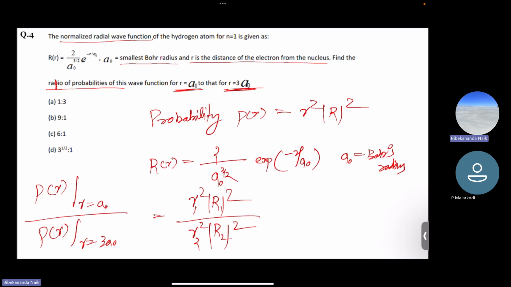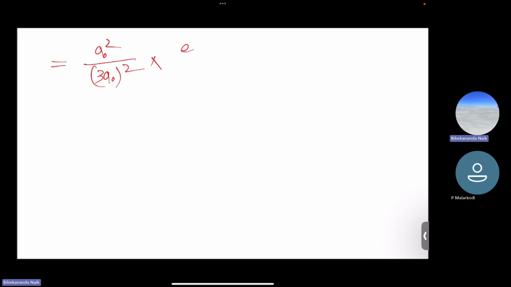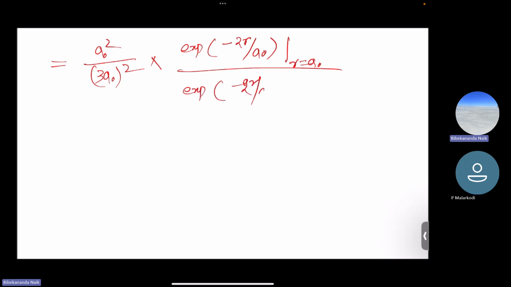The radial function was exponential minus r by a0, so the mod square will be exponential minus 2r by a0 at r equal to a0, divided by exponential minus 2r by a0 at r equal to 3a0.